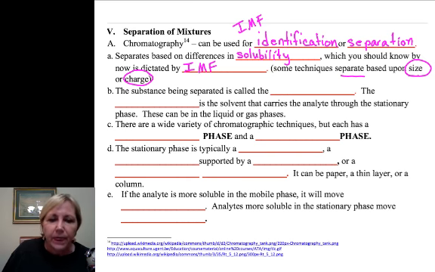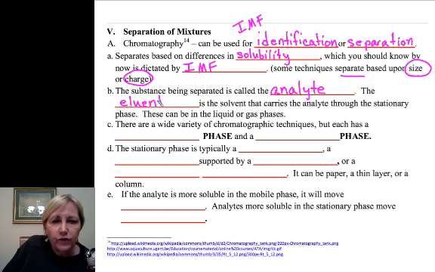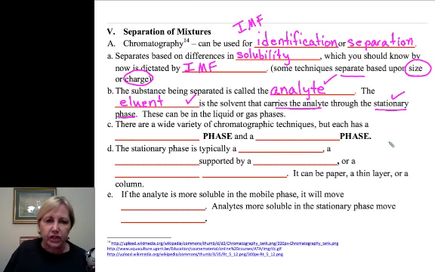The substance that is being separated, what we are interested in and analyzing, is called the analyte, and the eluent is the solvent that moves and carries it through a stationary phase. So there are three parts: a stationary phase, and a solvent that drags the analyte through the stationary phase.